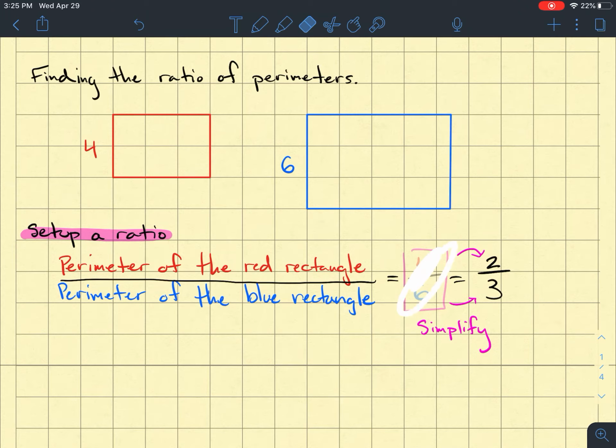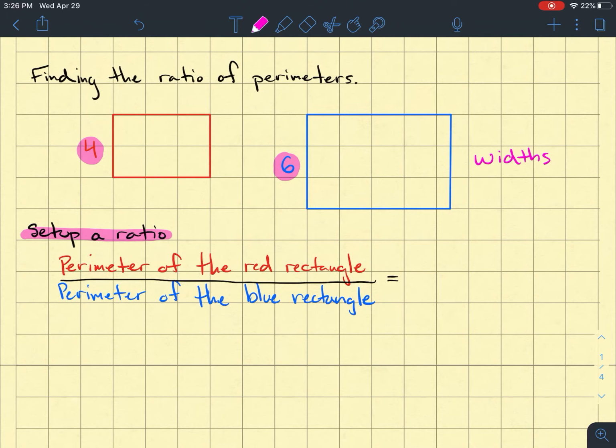And to find the ratio that we're going to use to set up for their perimeters, we're going to use the corresponding side lengths. So we have two widths here. What we have provided to us are the widths, right, of both of those rectangles.